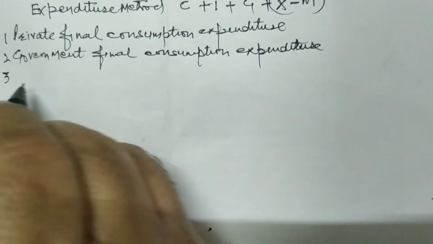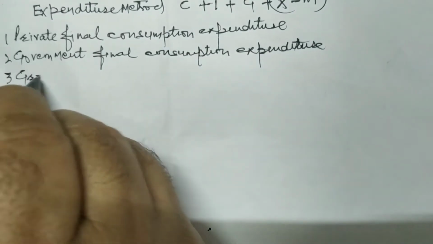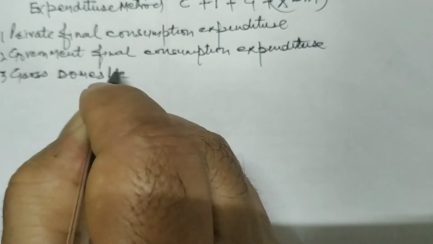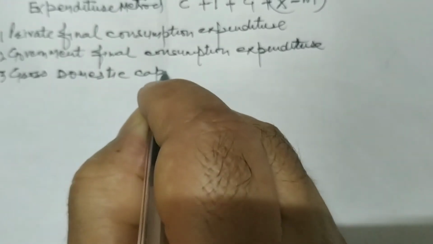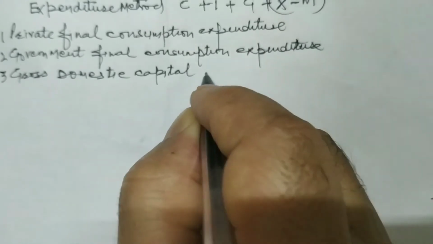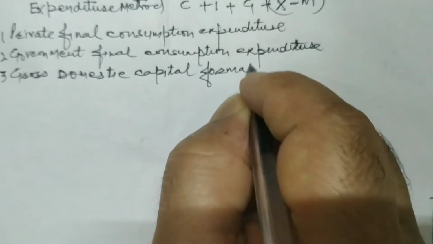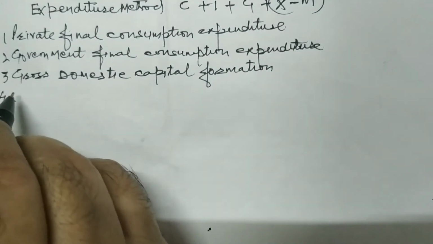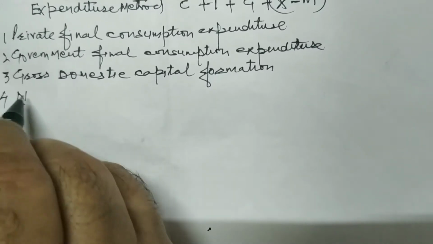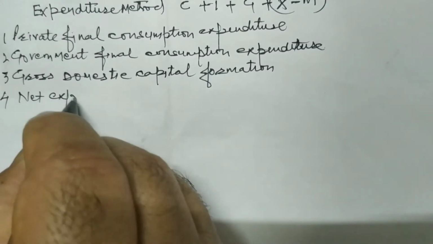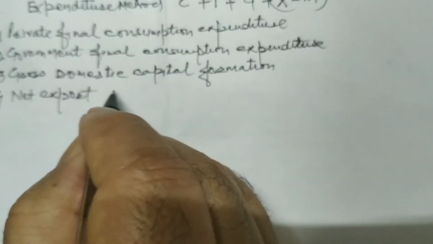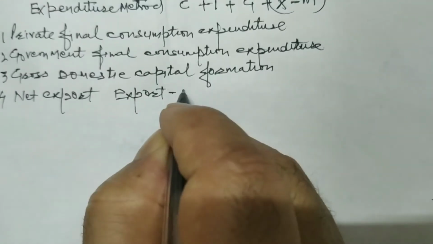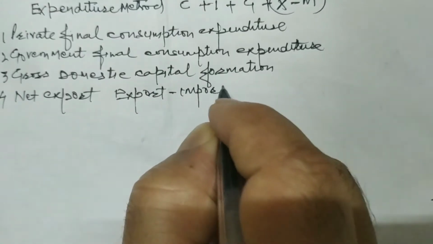Third component is gross domestic capital formation. Fourth one is net export, export minus import.